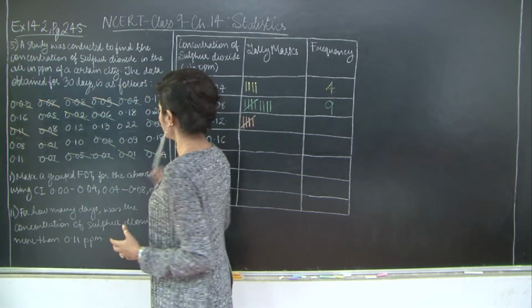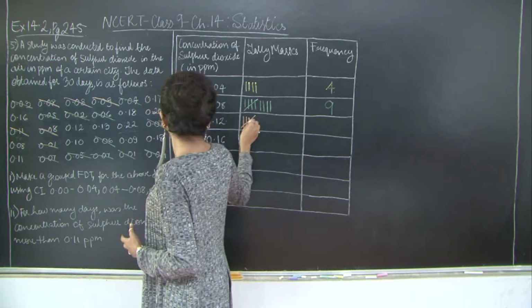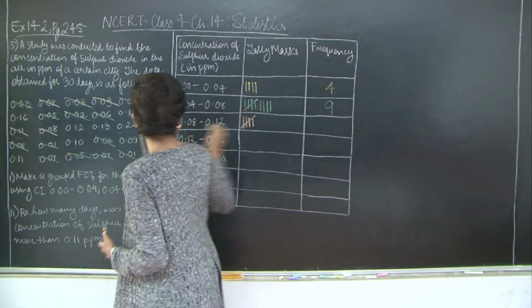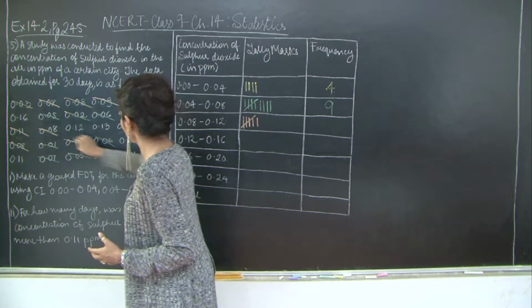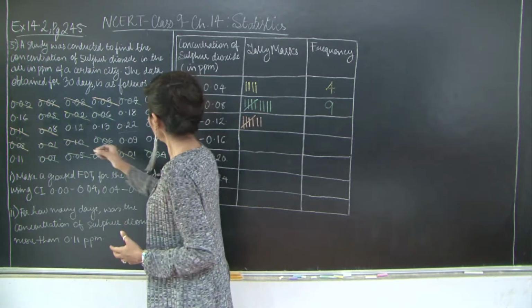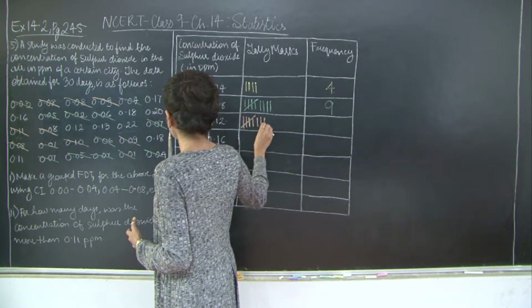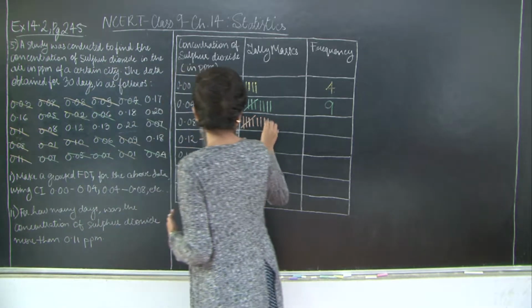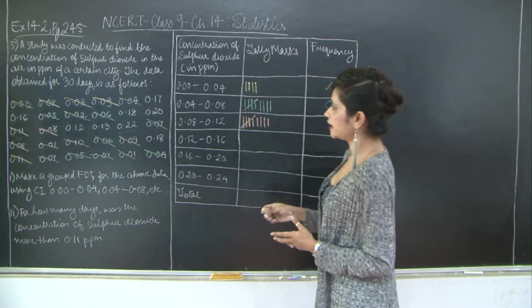So a group of tally marks of 5. You have another one, 2, then 3, then 4. Then again you have 9.